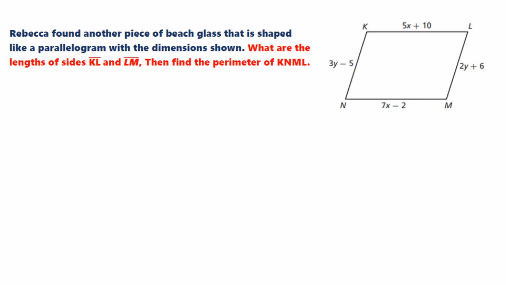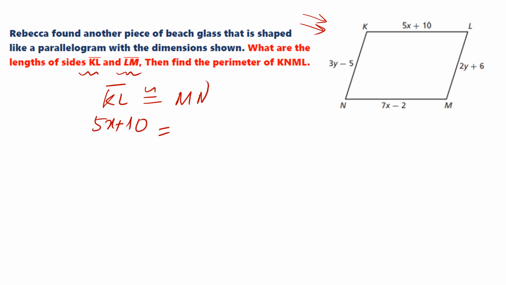Next question. Rebecca found another piece of beach glass that is shaped like a parallelogram, given over here. Find KL, find LM. So you know that segment KL is congruent to MN. What is KL? It is 5x plus 10, and MN is 7x minus 2.